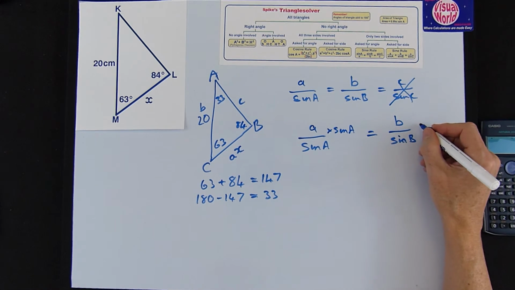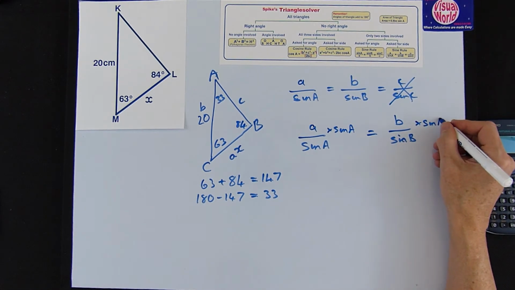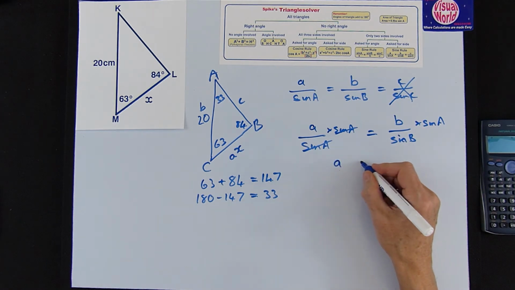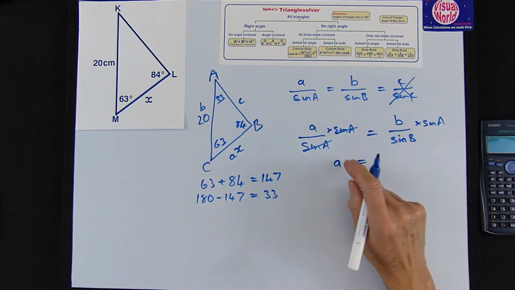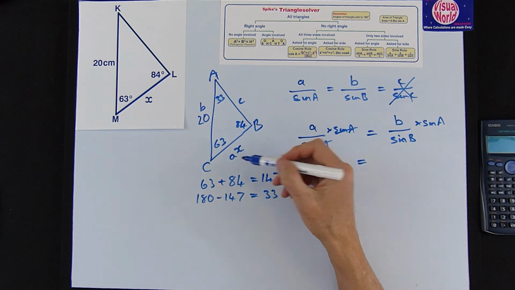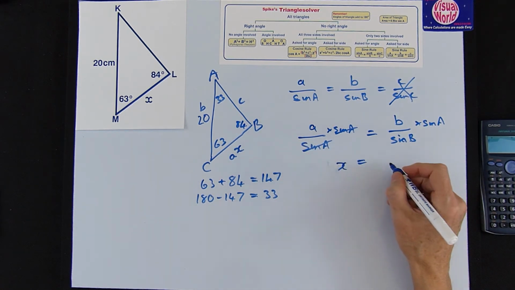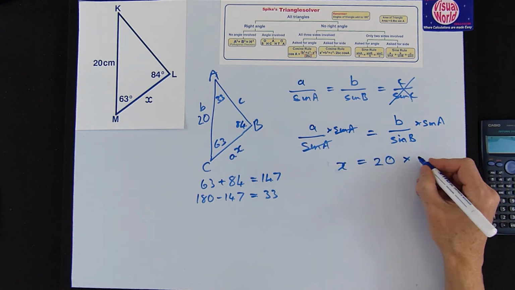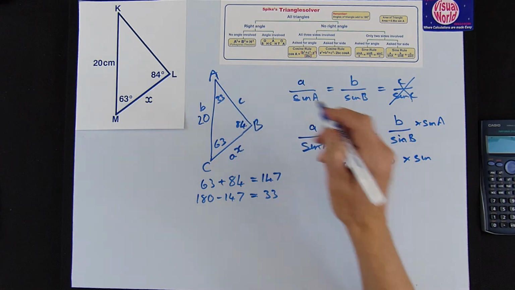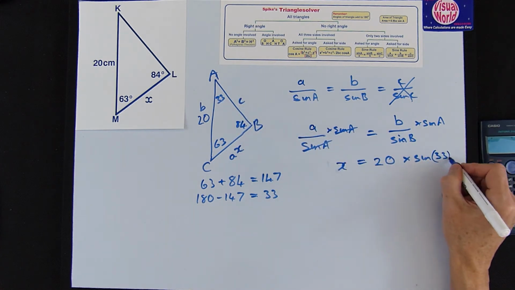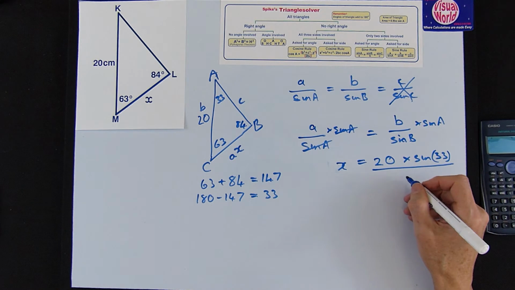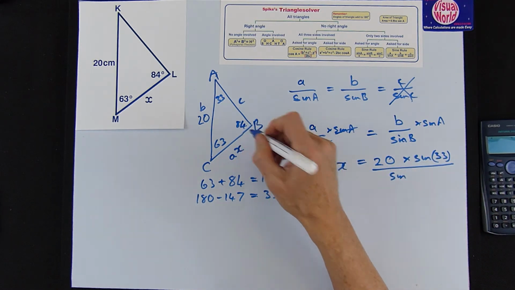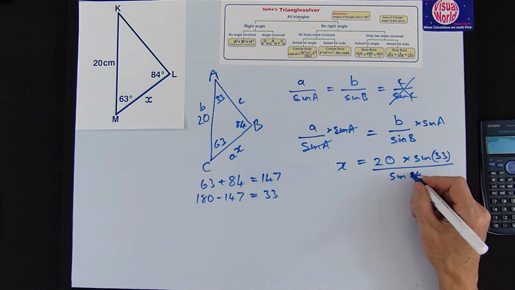Sine A times sine A, and then we cross them out, and we're left with A equals, no, we can go straight for the letters now. So A is X, and X equals B, which is 20, times sine, and angle A is 33, over sine B, which is sine 84.